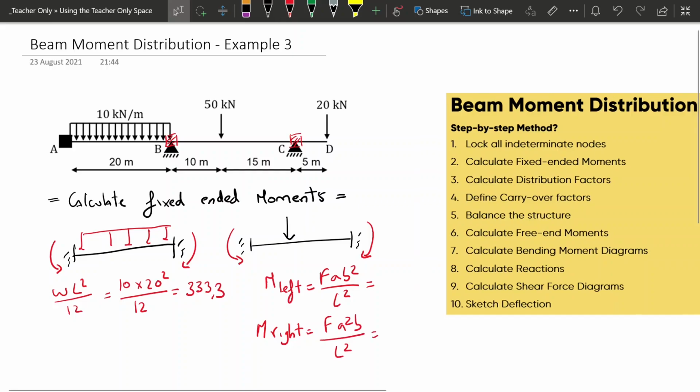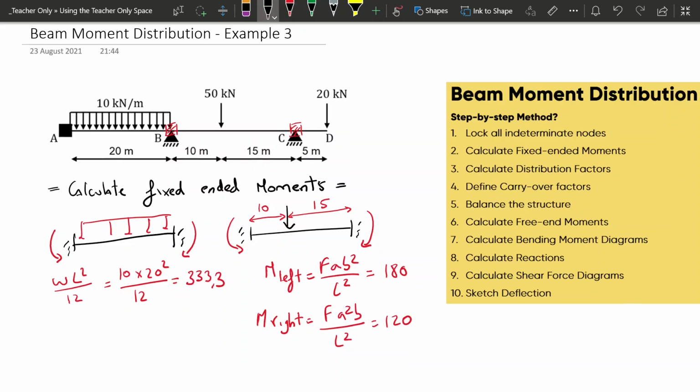In this case, A is our 10 meters and B is our 15 meters. So for the moment on the left, we do 50 times 10 times 15 squared divided by 25 squared, so you get 180. For the moment on the right, we just change the square, so it's 50 times 10 squared times 15 divided by 25 squared, and we get 120. Okay, that concludes our fixed end moments.